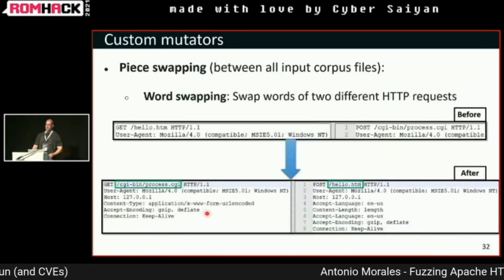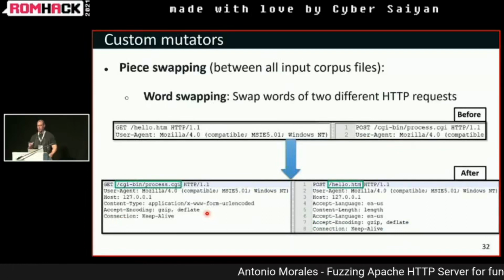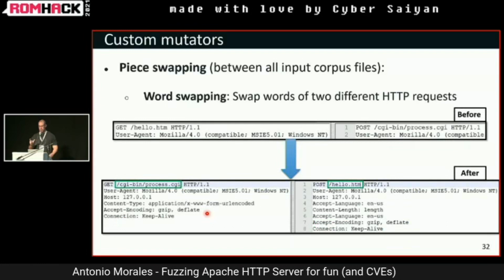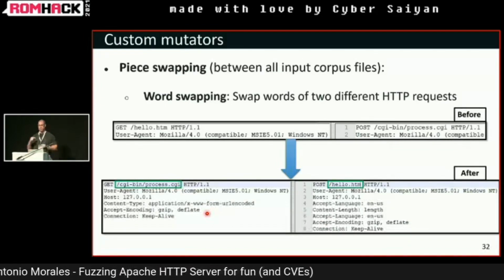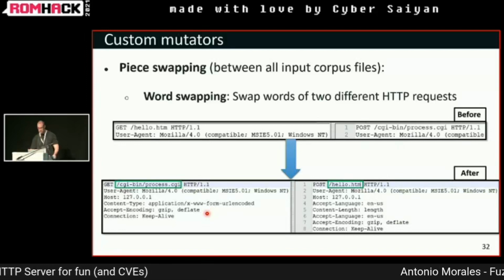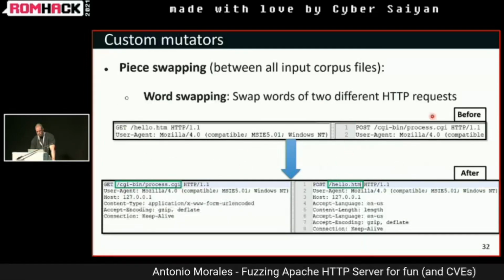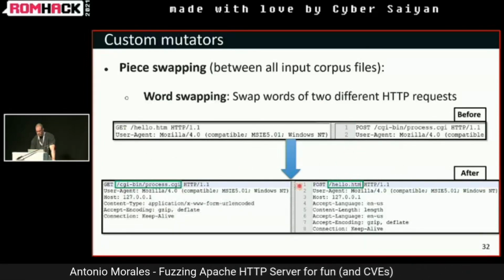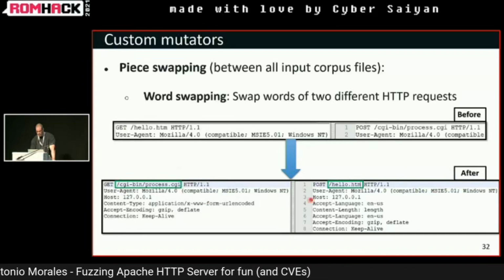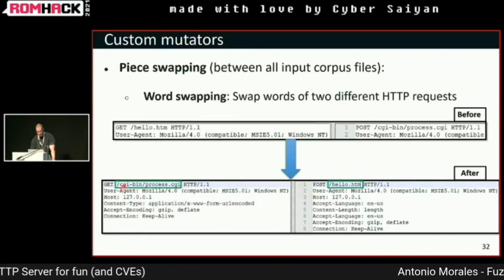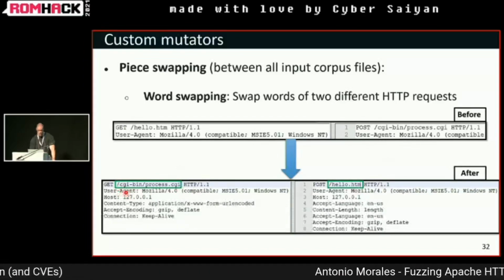In this second example, we can see a word swapping. That just swaps two words, or more specifically, two parts of the URL. In the picture below, you can see that the HTTP requests, GET hello and POST, have swapped their URL. Now the POST goes to hello and the GET goes to CGI.